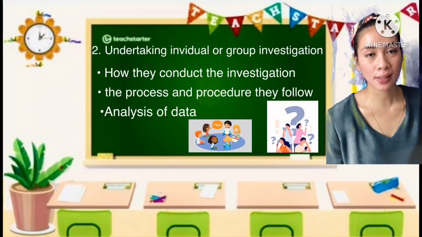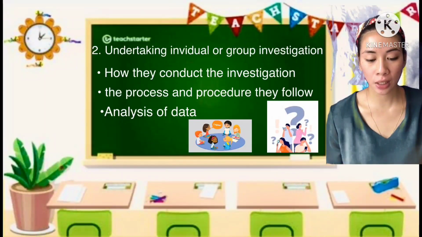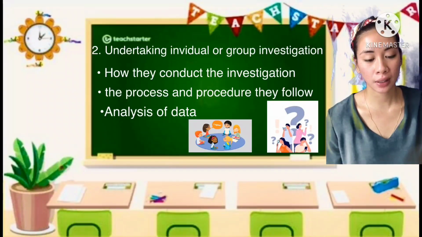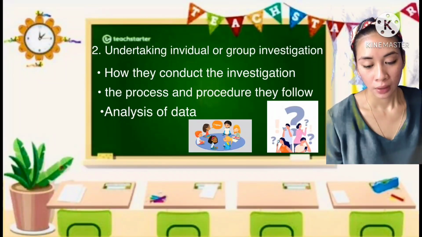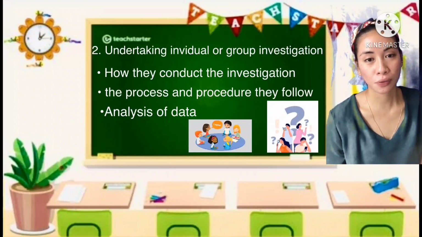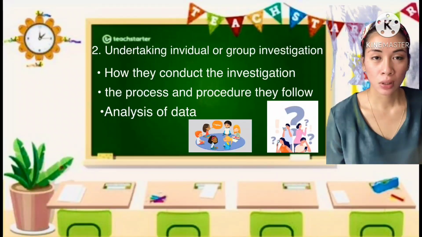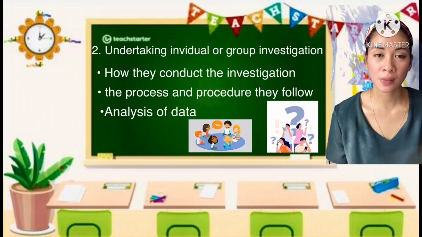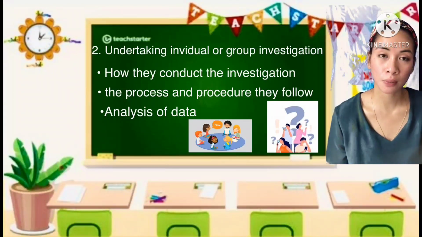Number two, undertaking individual or group investigation. It is a cooperative learning method which integrates interaction and communication in the classroom with the process of academic inquiry. So the students are asked to group themselves together to achieve the goal.